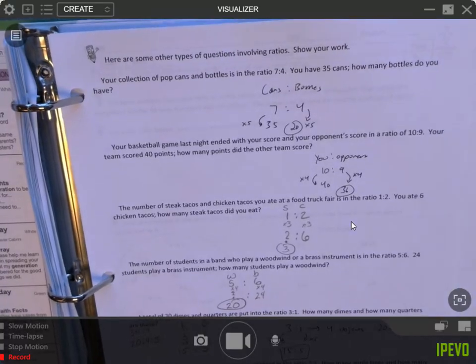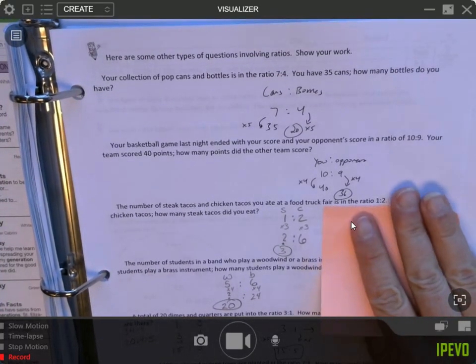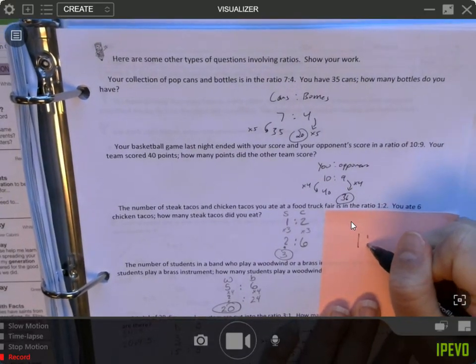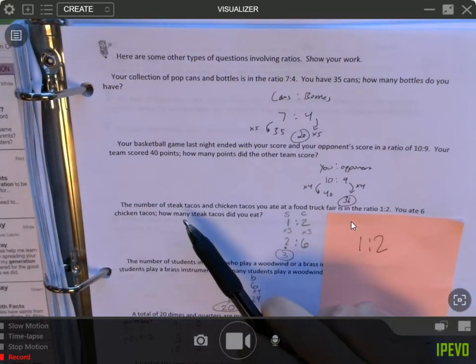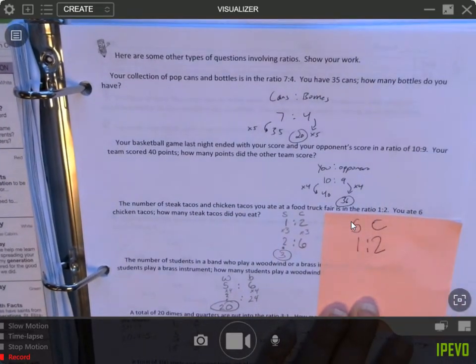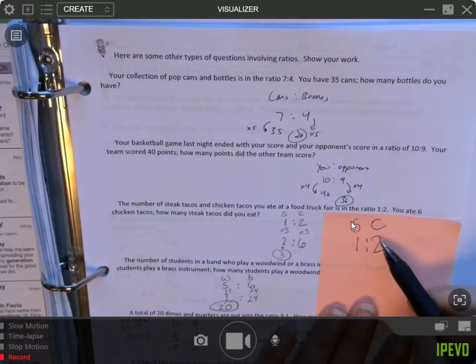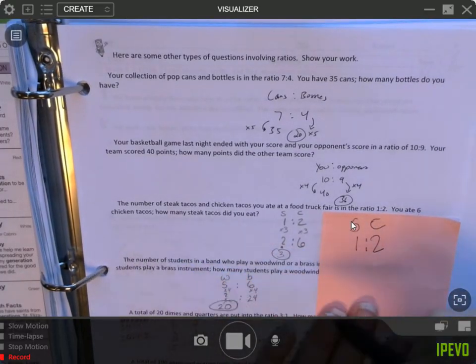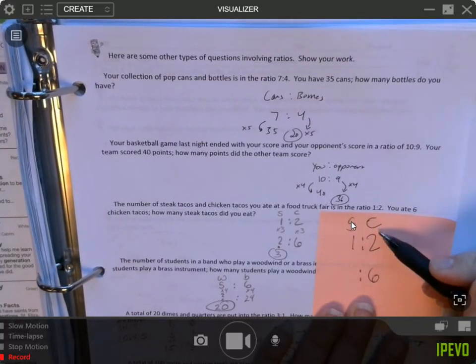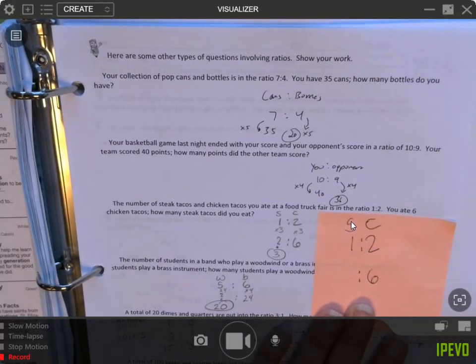All right, if we have a 1-to-2 ratio, and it is steak to chicken, so I'm going to label it steak to chicken. I ate 6 chicken tacos, so I put my 6 down here under the chicken. I don't know how many steak tacos I ate.